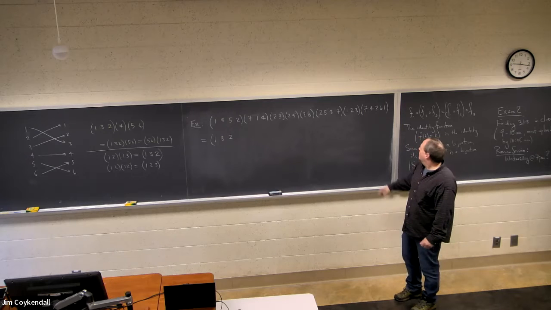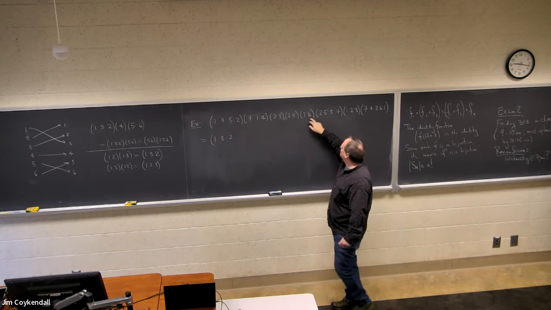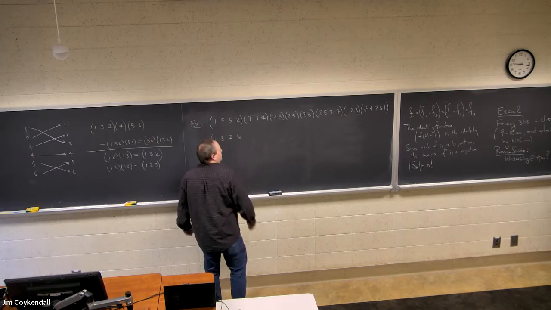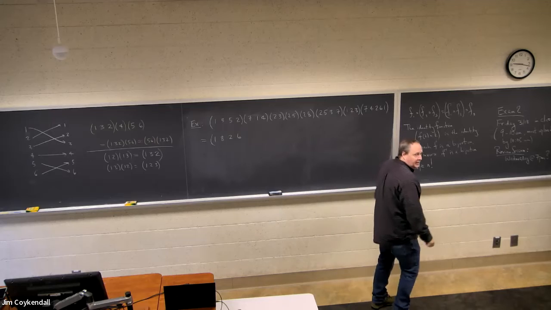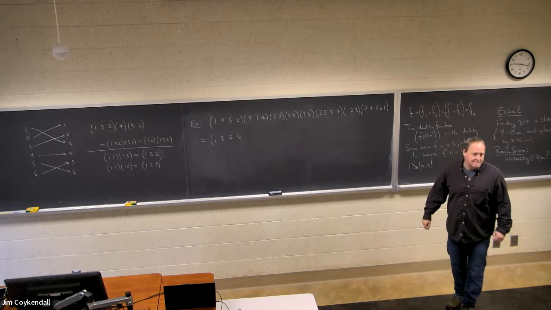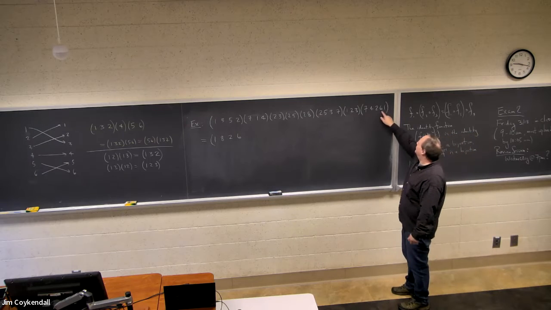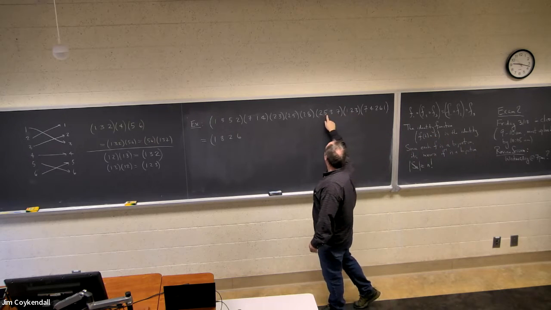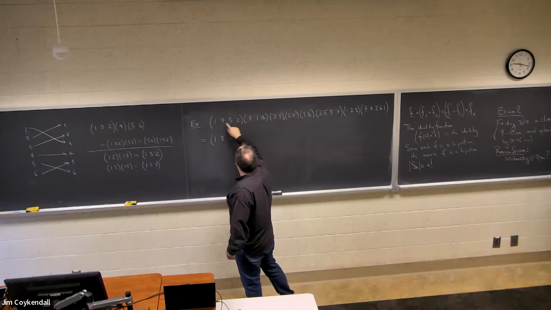Now, where are we? We're at 2. Where does it go? It goes to 6. So there we go. How about 6? 6 goes to 1, to 2, to 5, back to 2, to 3, to 5.